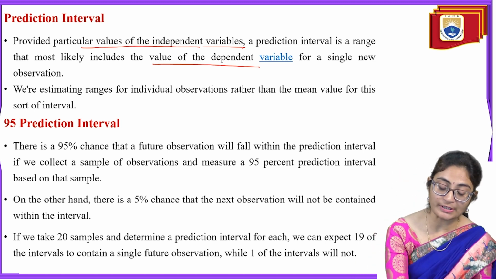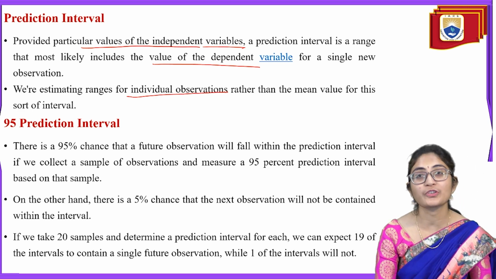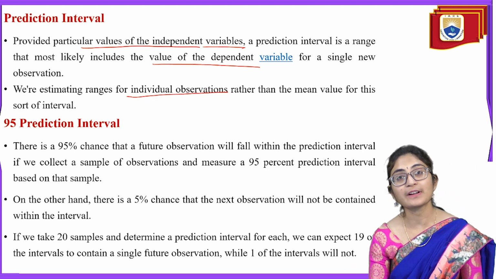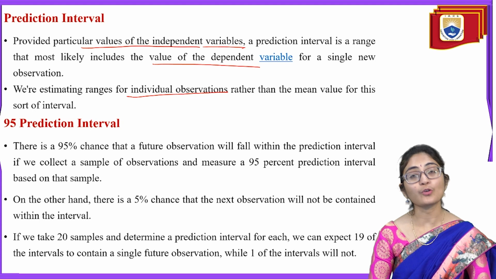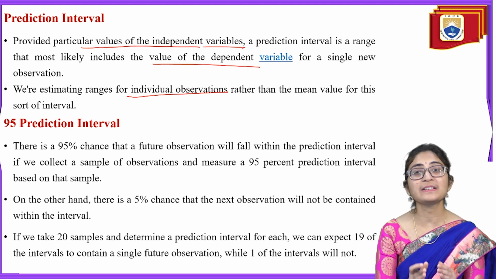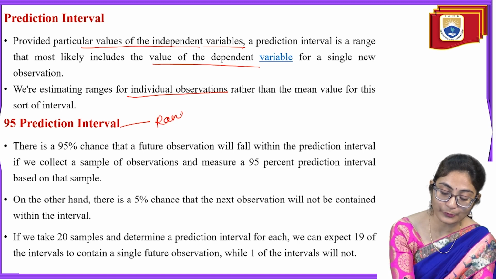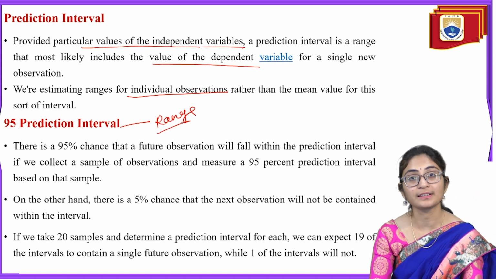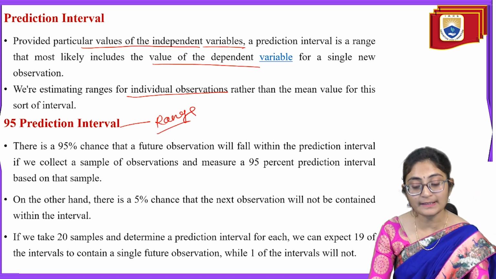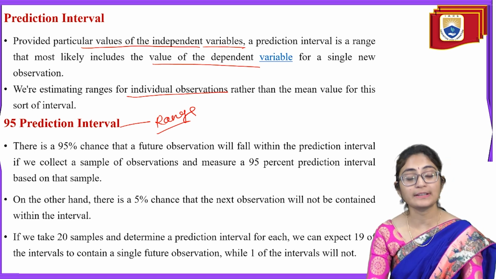And we are estimating the range for an individual observation rather than the mean value for this sort of interval. And interval means it's your range. What range you are predicting. So on that basis, you have to find out the point estimate.